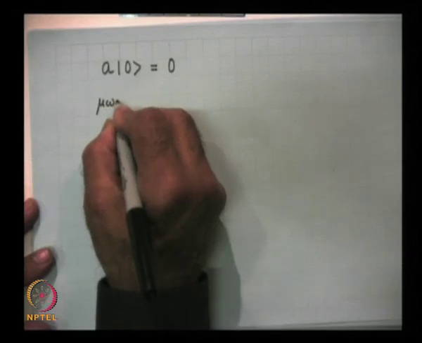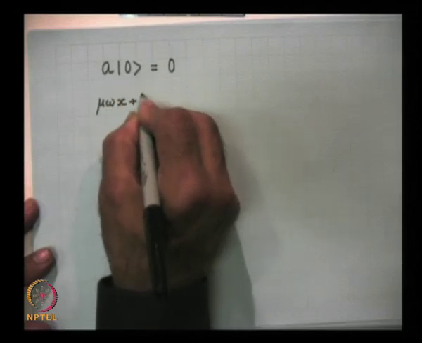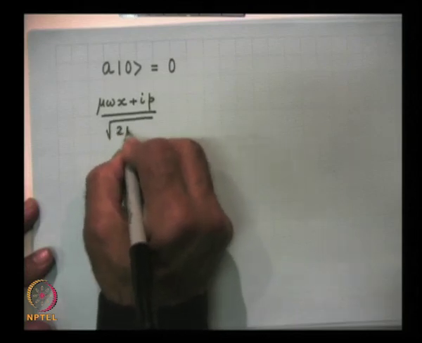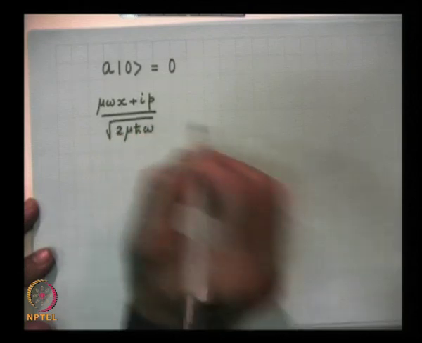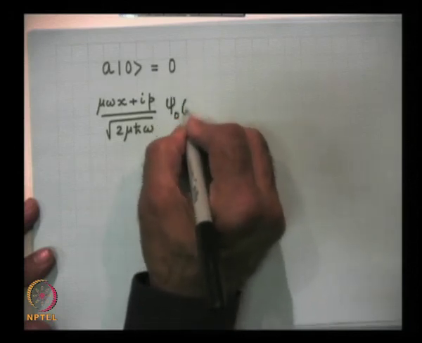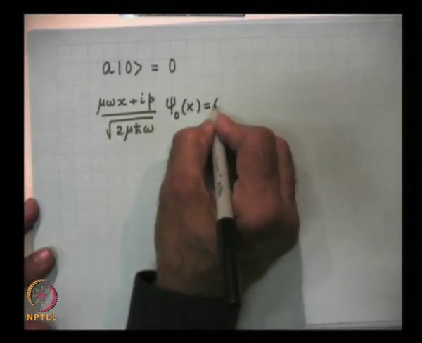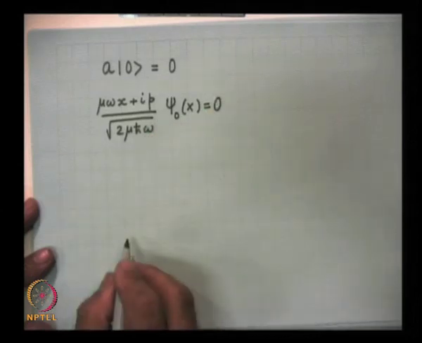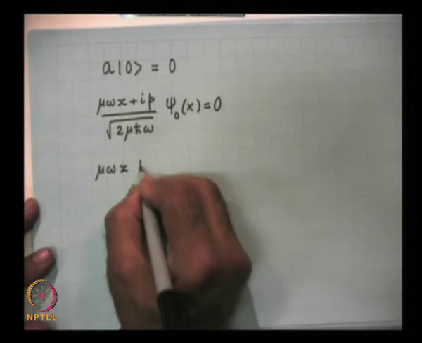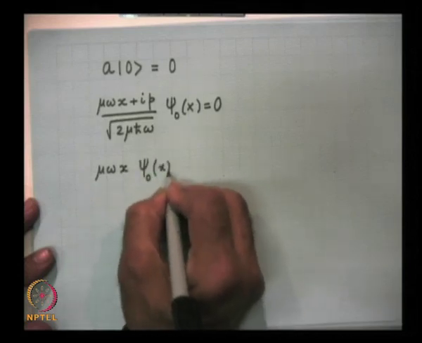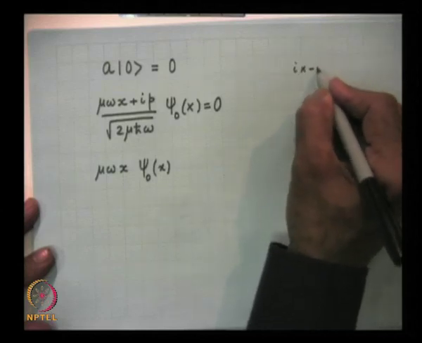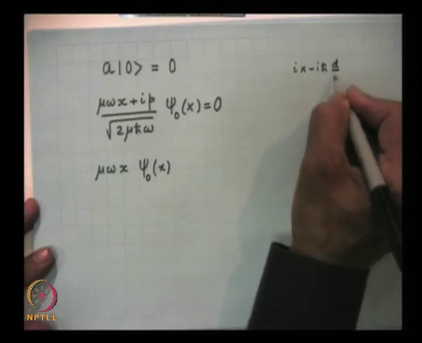Mu omega x plus i p by the square root of 2 mu h cross omega, acting on psi 0 of x is equal to 0. So, this term goes off. So, we had obtained mu omega x psi 0 of x, and p is minus i times minus i h cross d by dx.